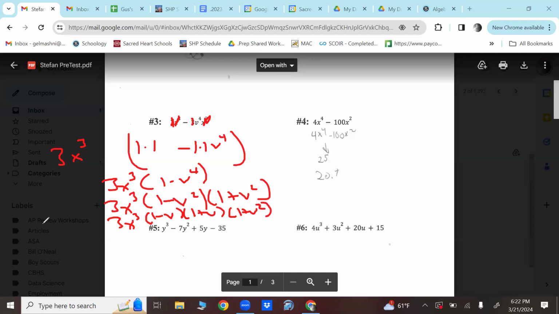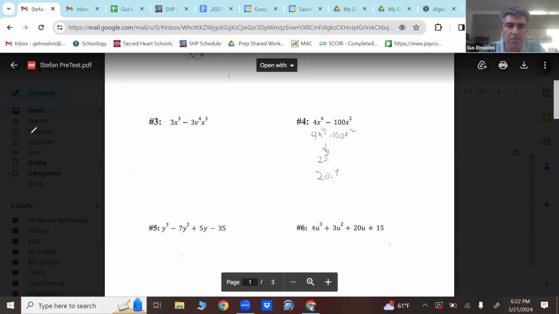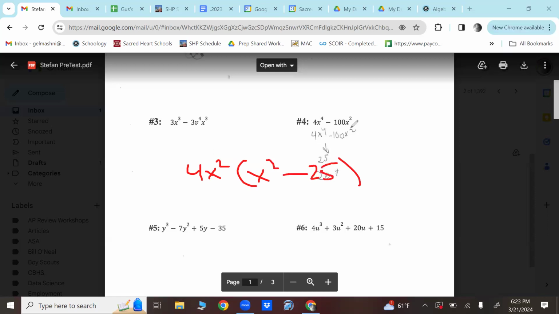So you can break out 4 and x squared, and that's x squared minus 25. Because remember, I took 4 away. But then you have to remember the difference of 2 squares.